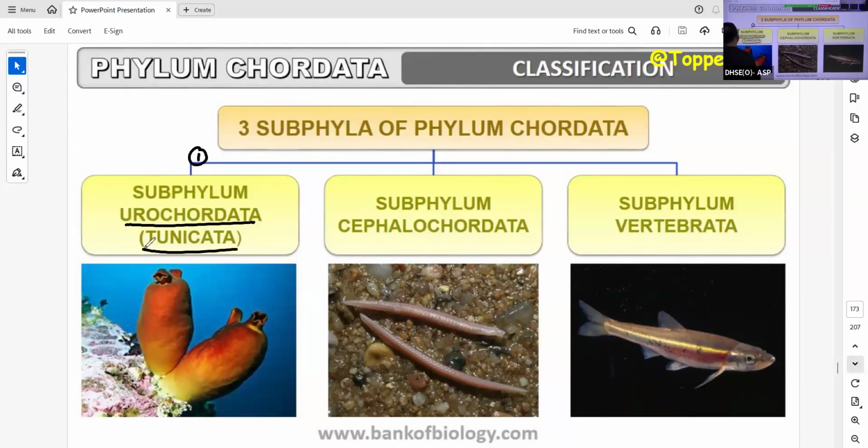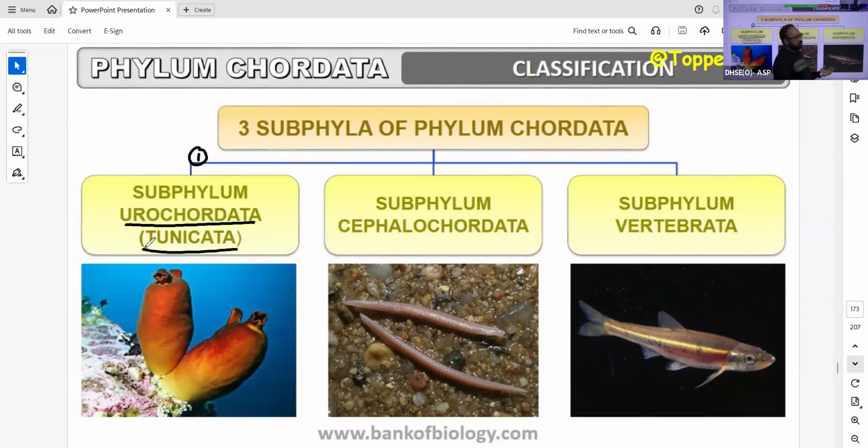As you can see, they are very different from the other chordates, as you can imagine. This is also a chordate, this is also a chordate, but there is plenty of difference in the shape or form.